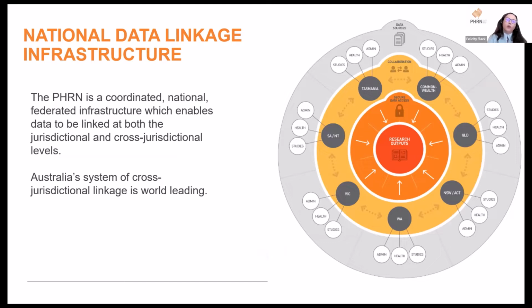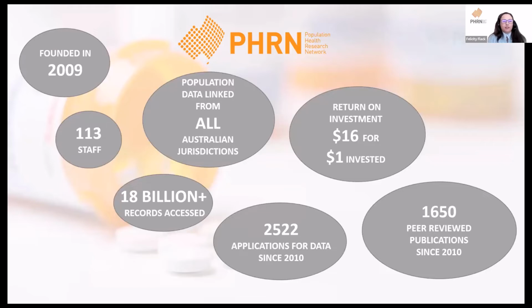That then all can be linked around that second layer, the yellow layer, I suppose, for cross-jurisdictional linkage, so that we can do linkages where we can follow people who have received services in multiple jurisdictions. When the data's been linked, that can be provided in secure environments, and then right in the middle, where it should be, is where the research happens and the research outputs occur. So we like to see lots of presentations.